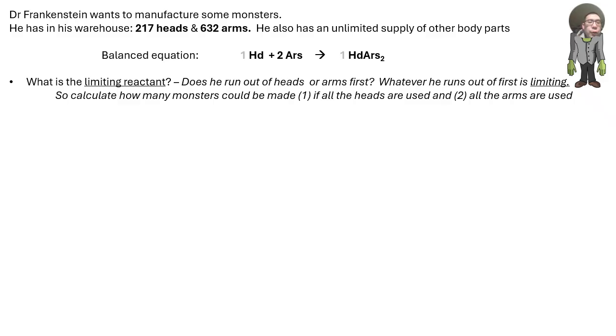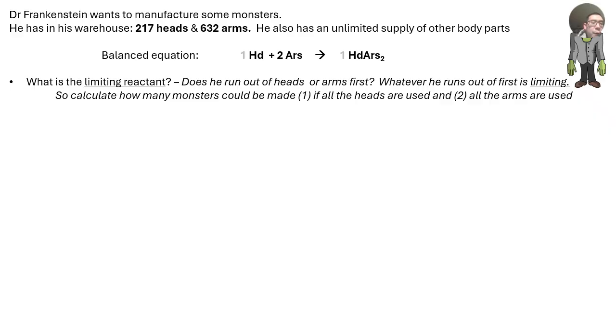Okay, if all the heads are used, think back to that first slide with the map. You need to use the balanced chemical equation and the coefficient ratio to relate reactant to product. So one head gives us one monster, two arms gives us potentially one monster. Okay, so let's start with the heads.